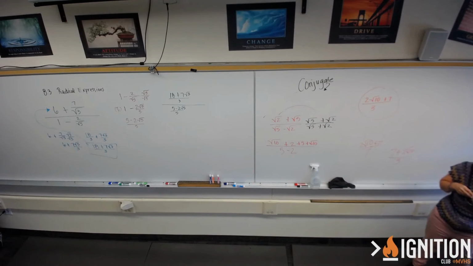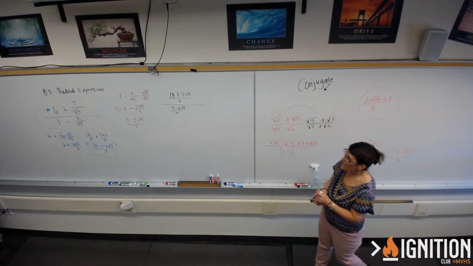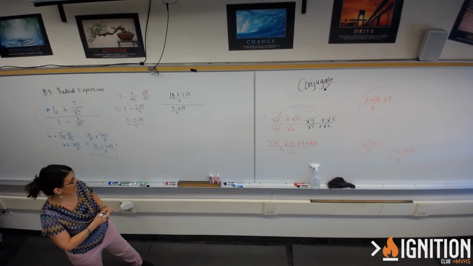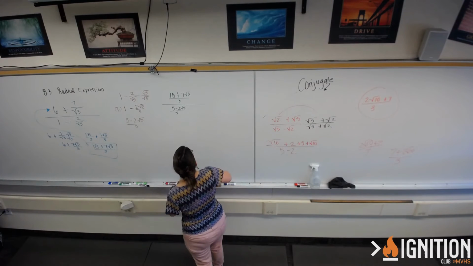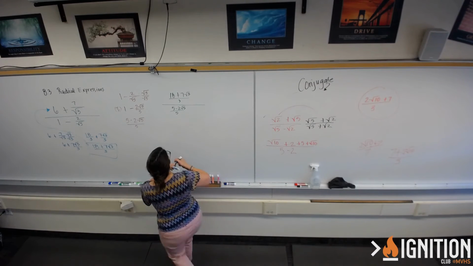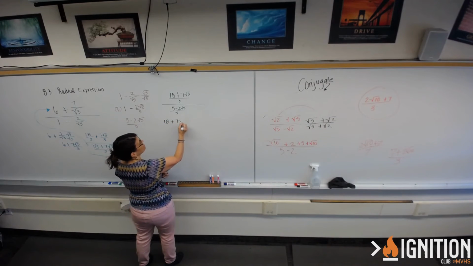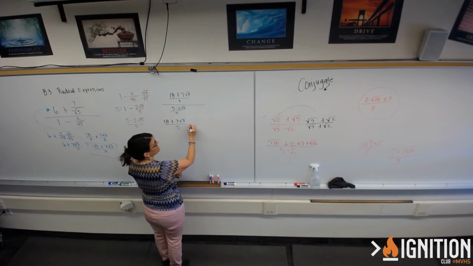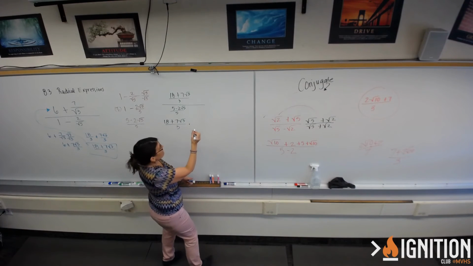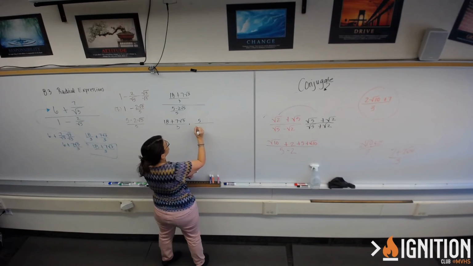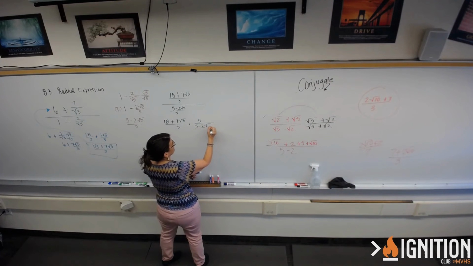I don't know. This semester, sometime. What do I do? Multiply. Yes, multiply by the reciprocal. So this becomes 18 plus 7 root 3 over 3 times 5 over 5 minus 2 root 5. Oh boy.